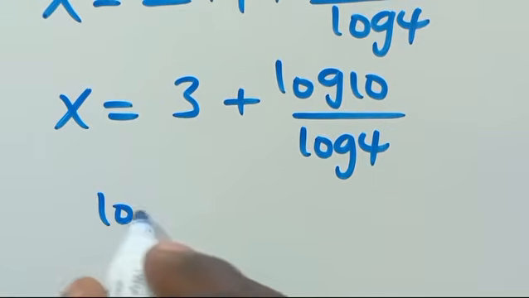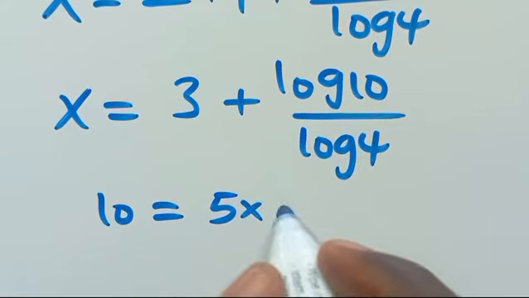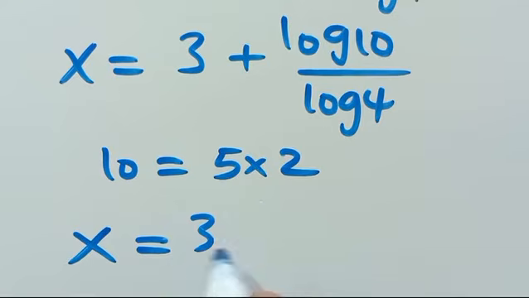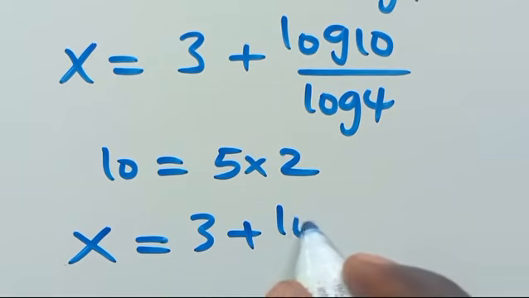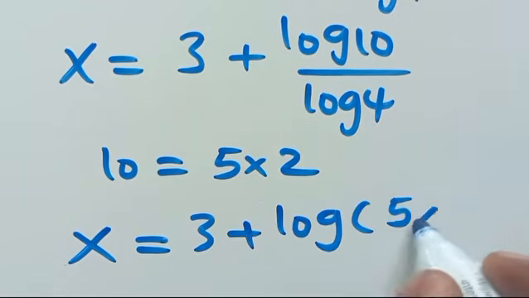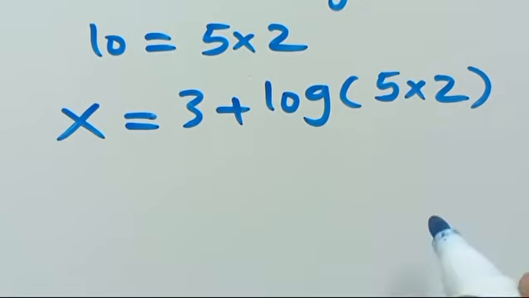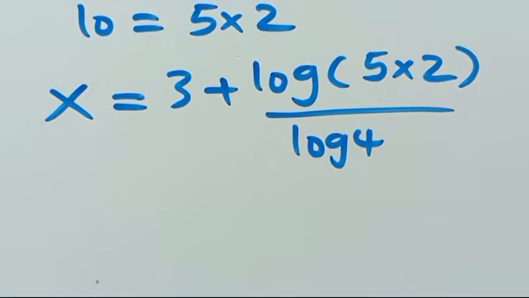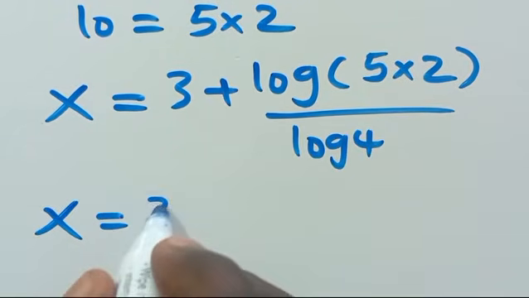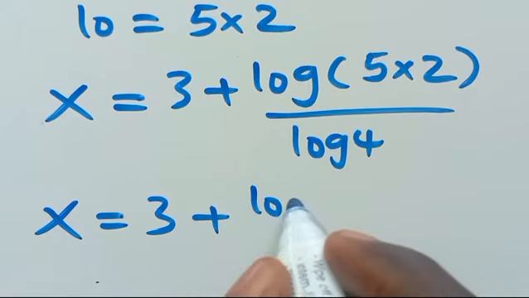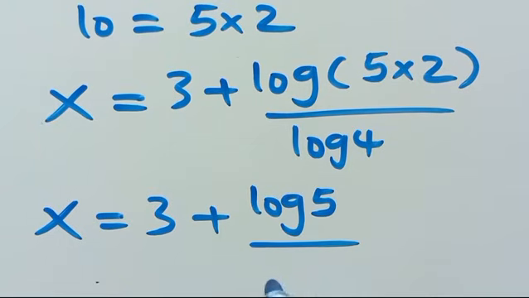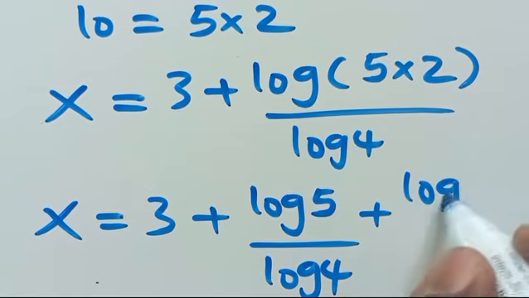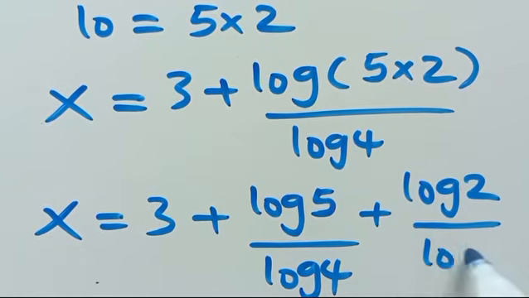So when we have 10 equals 5 times 2, we have x equals 3 plus log of 5 times 2 over log 4. x equals 3 plus log 5 over log 4 plus log 2 over log 4.